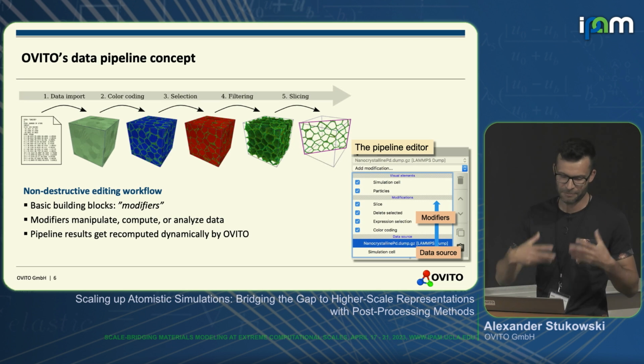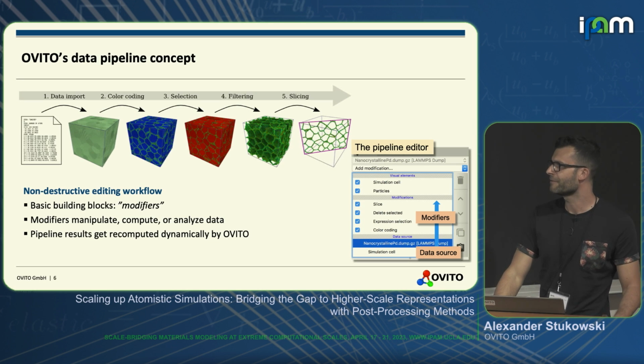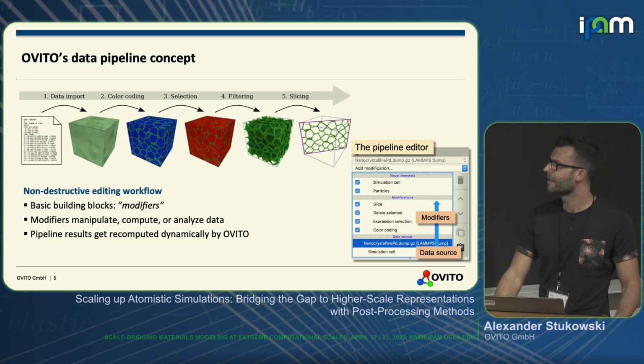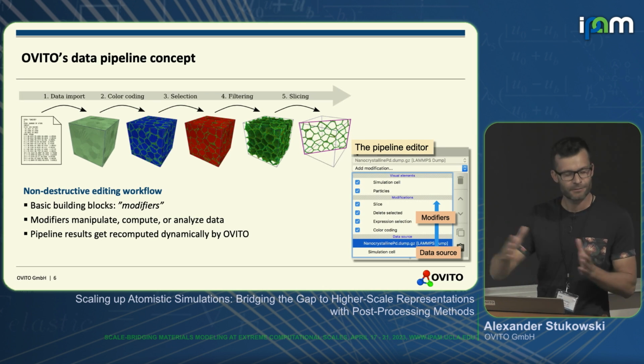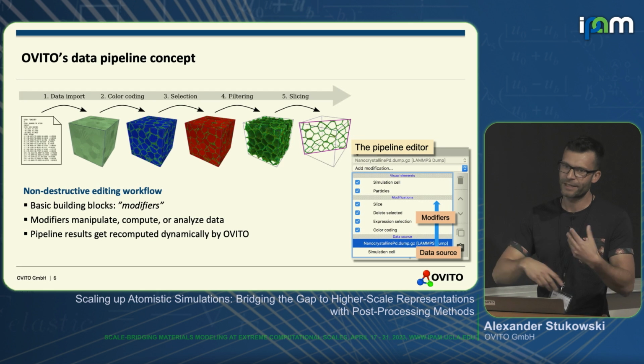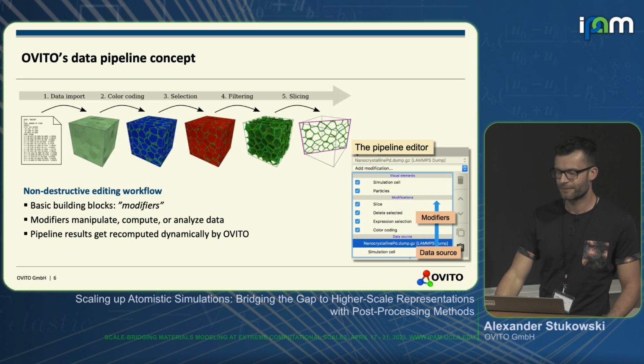They perform simple tasks, and the software provides a rich tool set of these modifiers. But you can even develop your own types of modifier functions. The software then computes the results of this pipeline almost in real time and displays it on screen. And you can always go back and change things, rearrange these steps. So you have this kind of non-destructive editing workflow.